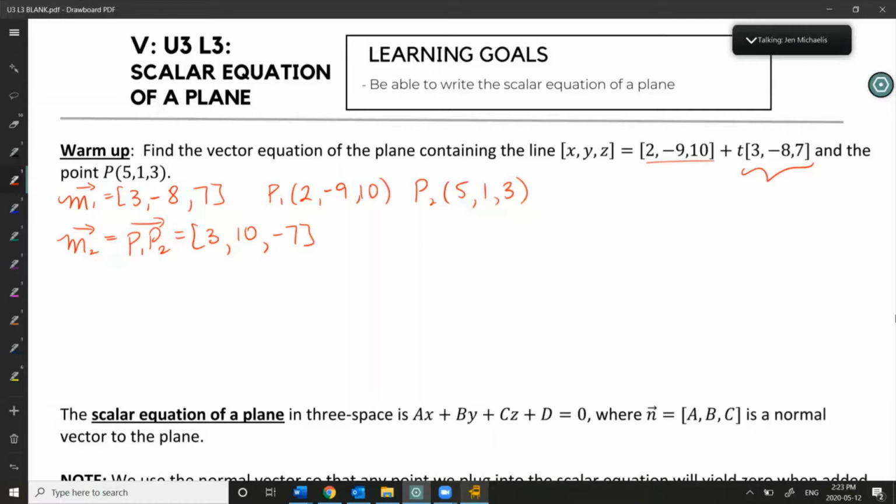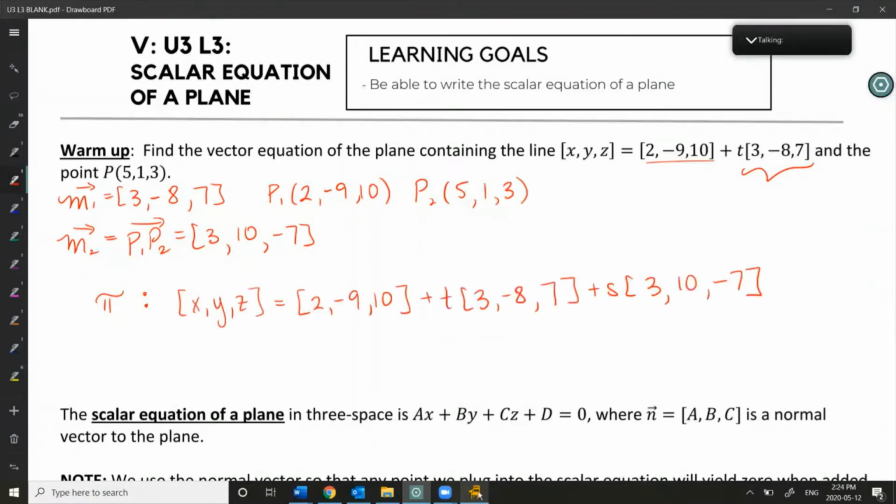So our plane, which we often use pi to represent, and then we'll use L to represent a line, can be expressed like this. So we have a vector that goes from the origin out to a point.